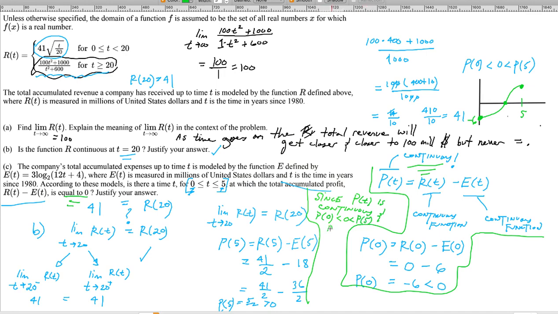And since p of t is continuous and this is the case, by intermediate value theorem, IVT, there must exist a t between 0 and 5 with p of t equal to 0.